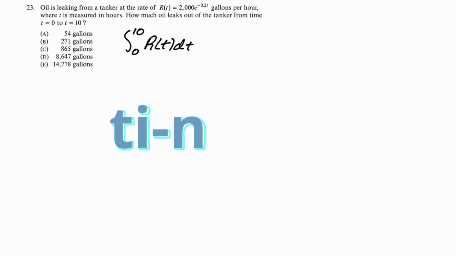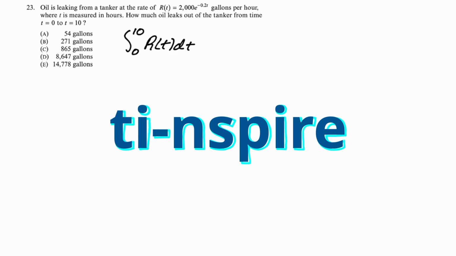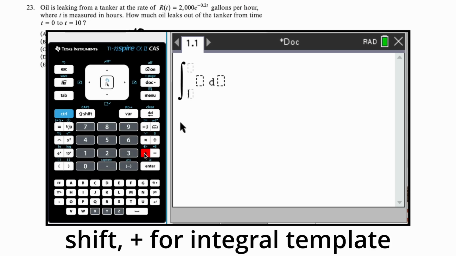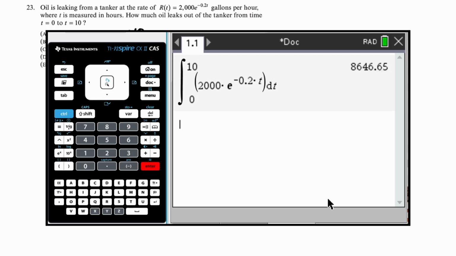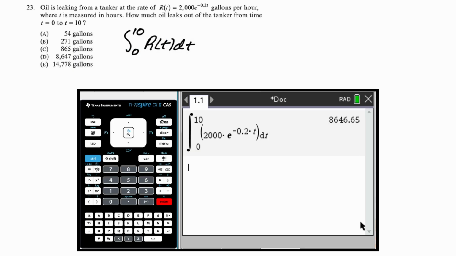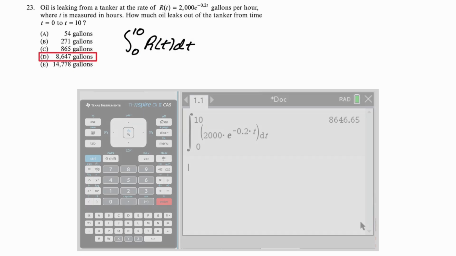I'm going to switch over to the calculator, type that in, I will come back, and I will box the answer. So from all of that, we can see that the answer is D.